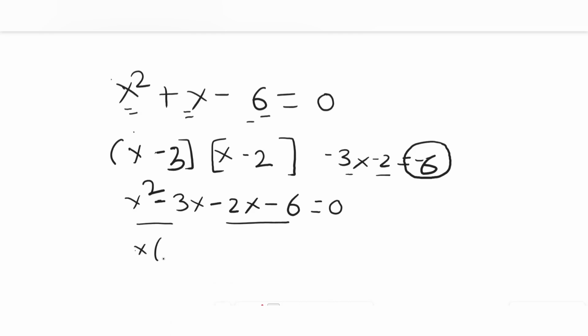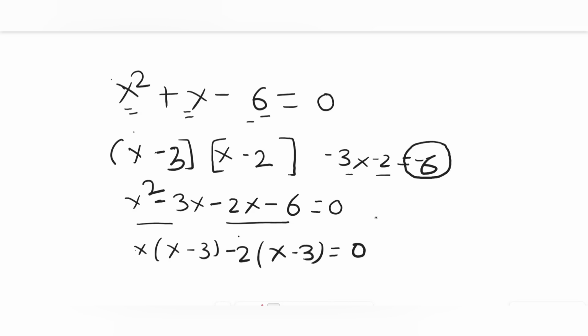So x in bracket x minus 3, to solve this bracket, minus 2 in bracket x minus 3 is equal to 0.